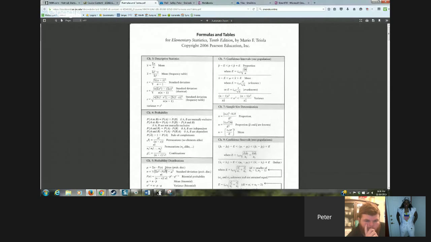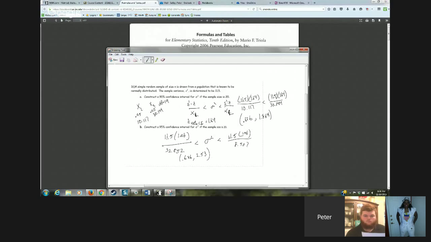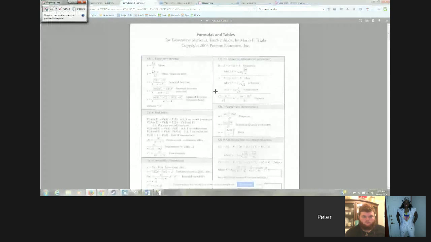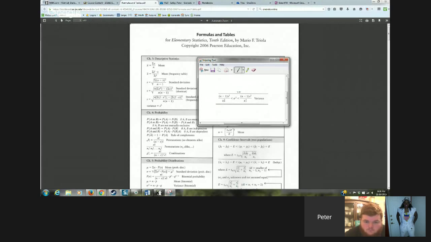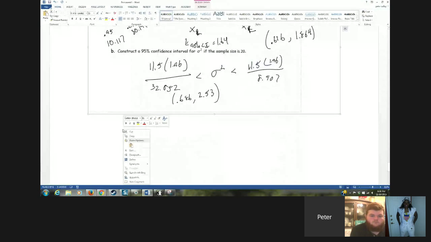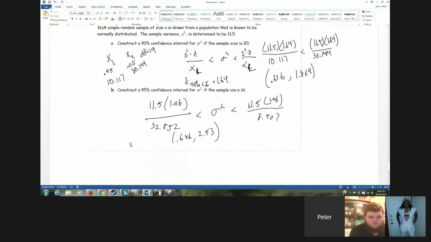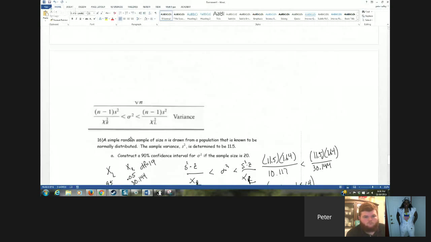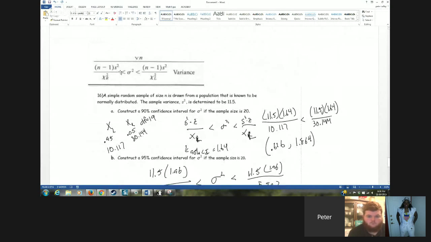So we're doing this formula right here on number 16. I need n minus 1, which is the degrees of freedom. If n in this case is 20, then 20 minus 1 is 19.